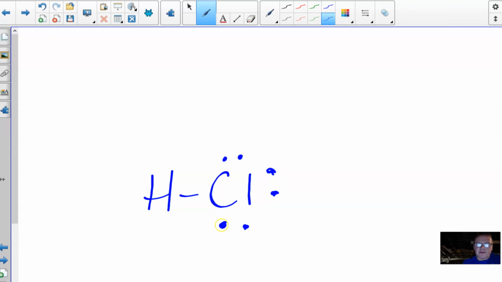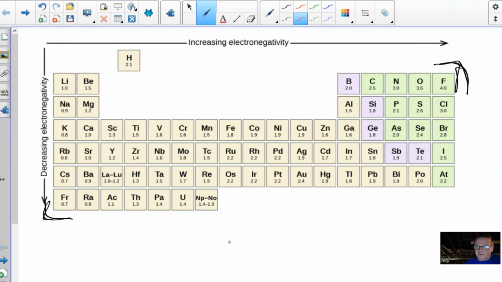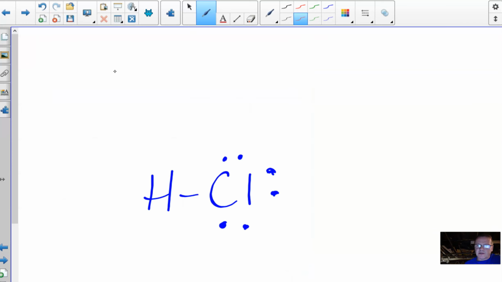When we look at the compound as a whole, notice how many electrons are surrounding chlorine over here. There's a total of 8, right? And there's only 2 over here with hydrogen. Remember, going back to its electronegativity value, chlorine has an electronegativity value of 3, while hydrogen has 2.1.